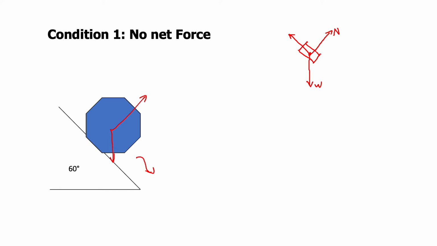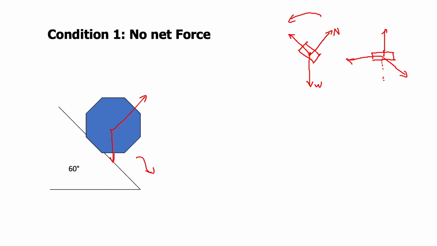We can just rotate this image a bit so that the normal force should go upwards, and this here is our frictional force, and the weight should go in this direction.